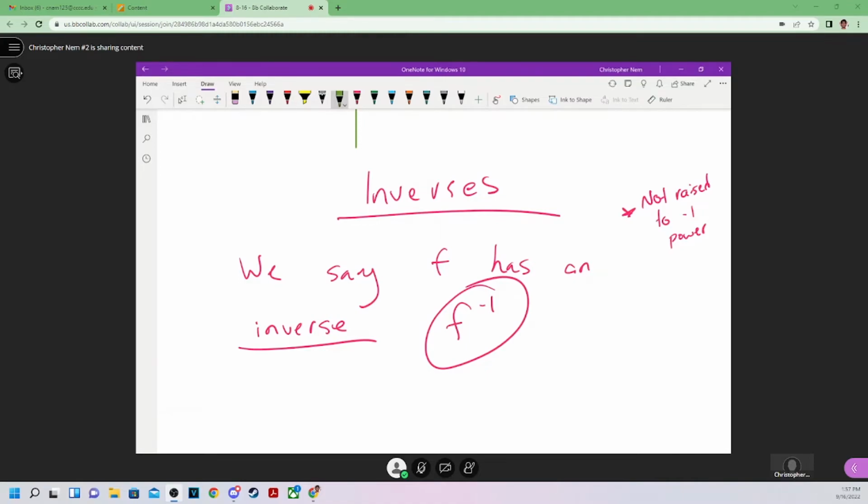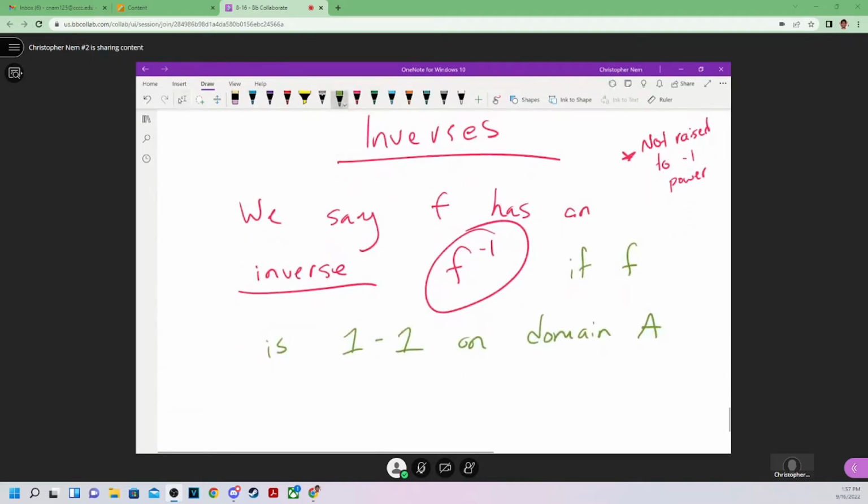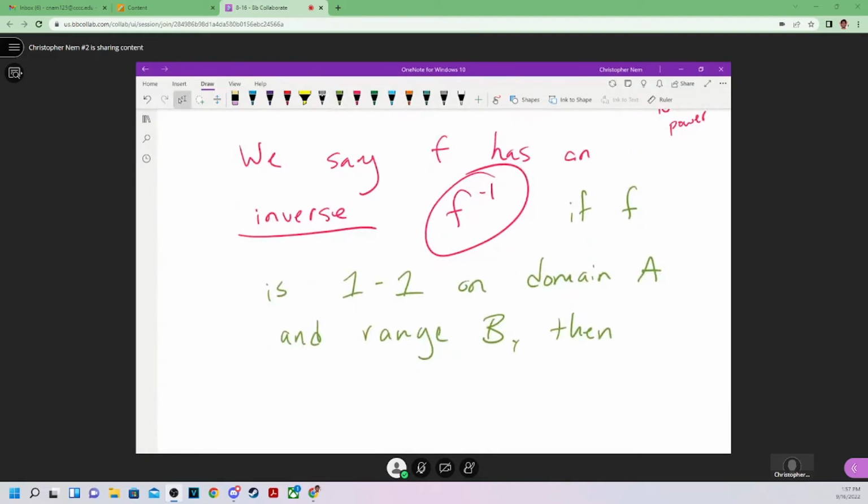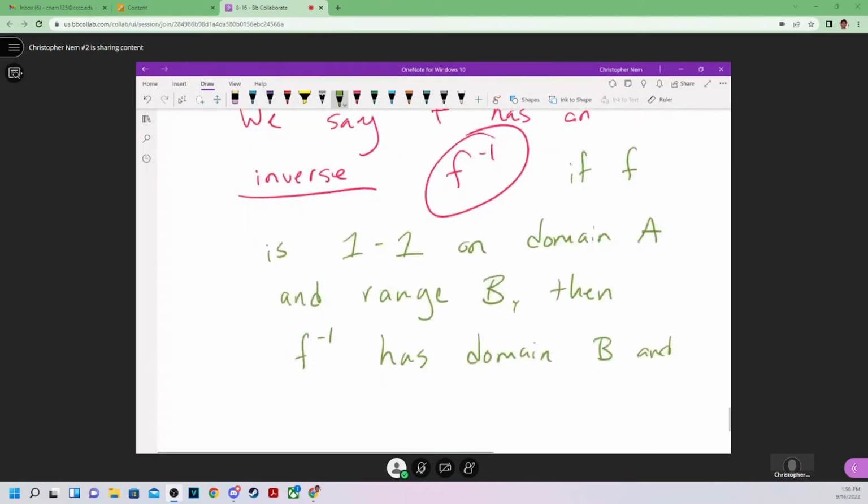This is the inverse function, and in particular, we say f has an inverse if f is one-to-one on domain A and range B. So if f has a domain A and range B and it's one-to-one, so it has to be one-to-one to have an inverse, then f inverse has domain B and range A. So it's flipped.